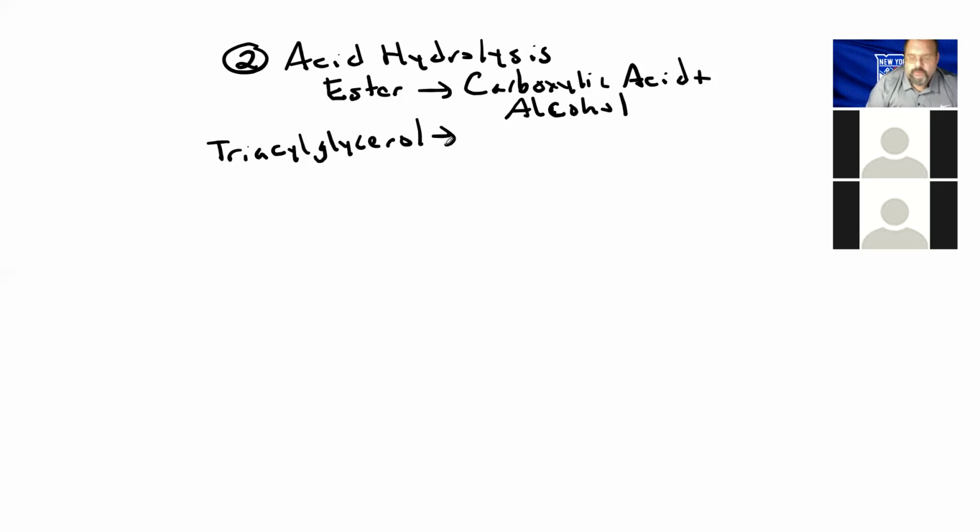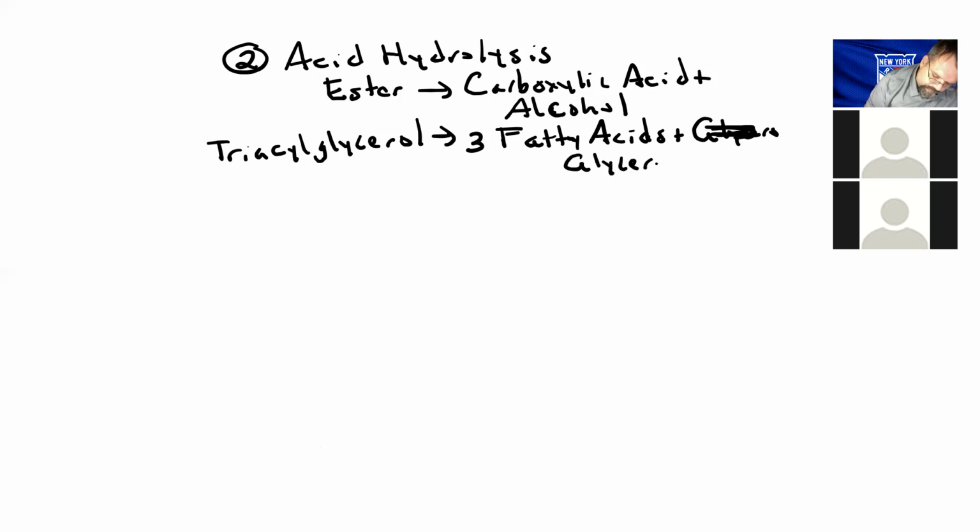Well, instead of getting back a single carboxylic acid, we're going to get back 3 fatty acids. And instead of the alcohols usually being different, the alcohol that we're going to get is always going to be the same. The alcohol we're going to get is going to be glycerol. It's always going to be the same. The fatty acids might be the same or they might be different depending on the structure of the triacylglycerol itself. All right, so let's look at an example.